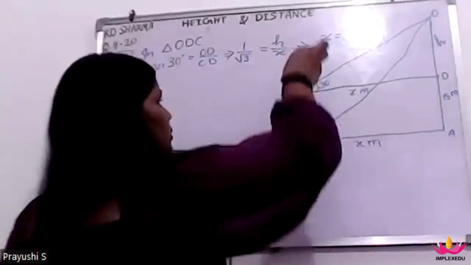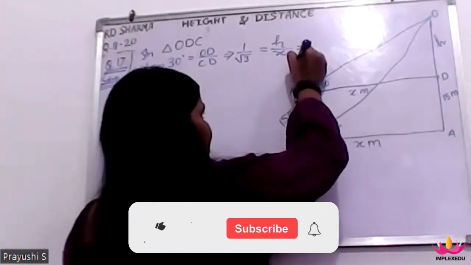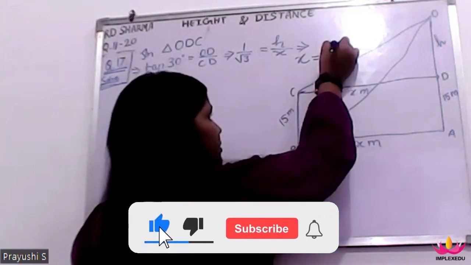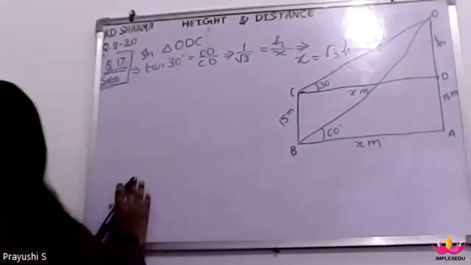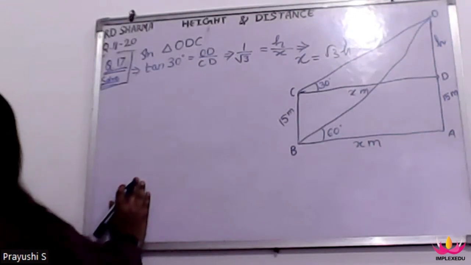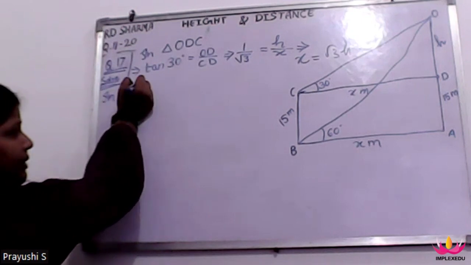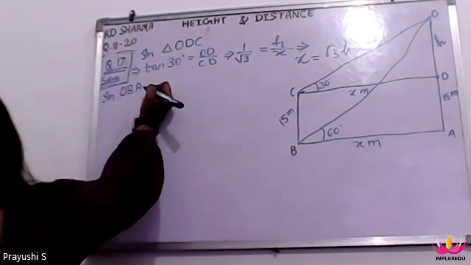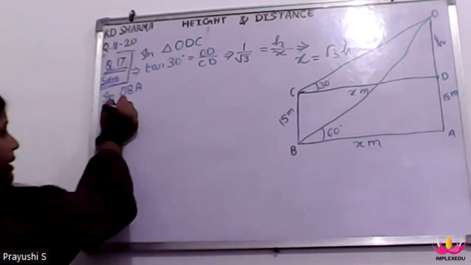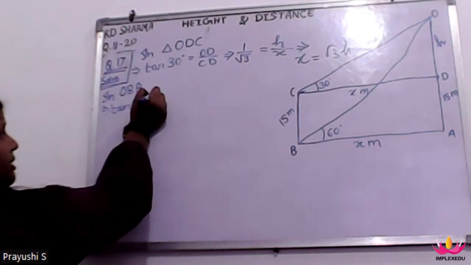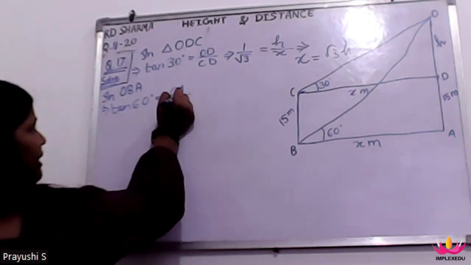x is equal to root 3h. Okay, root 3h. Now, again in triangle OBA, tan 60 degrees will be equal to OA upon AB.